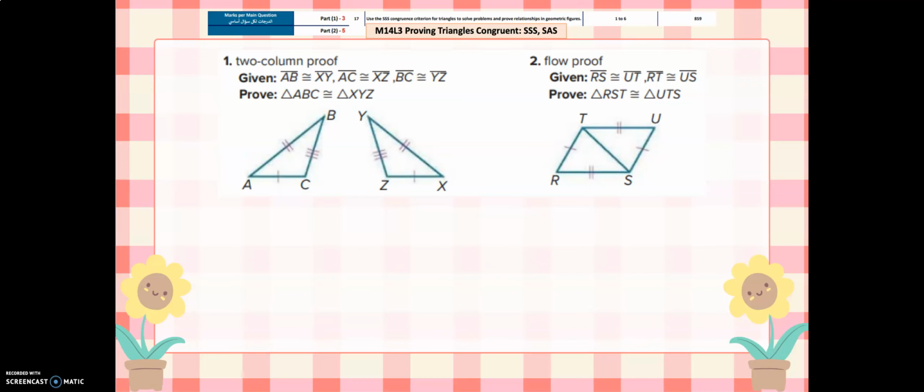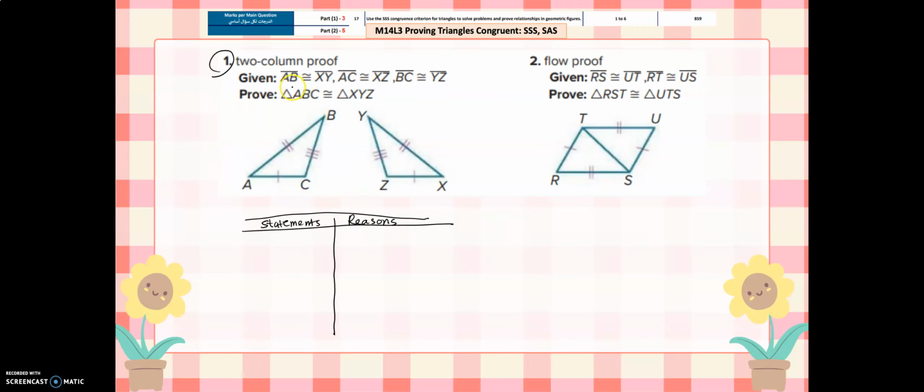In this, we are going to prove triangle congruence as SSS or side, side, side, and then the SAS or side angle side. So for the first example, we need to make a two-column proof. As we all know, a two-column proof has statements and the reasons. So let's look at the given.